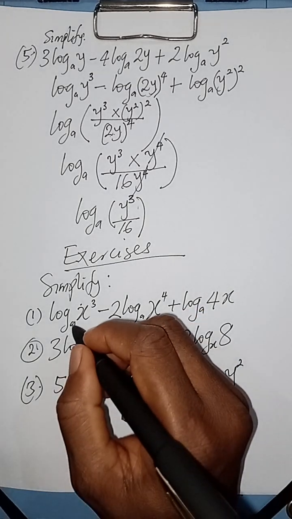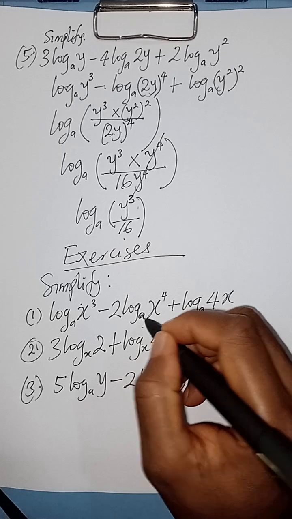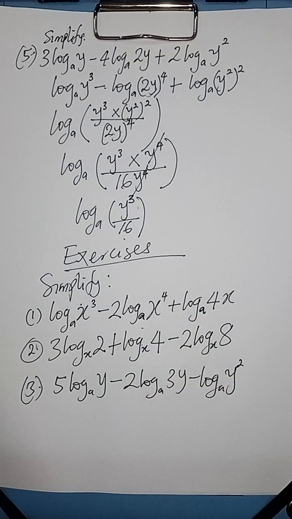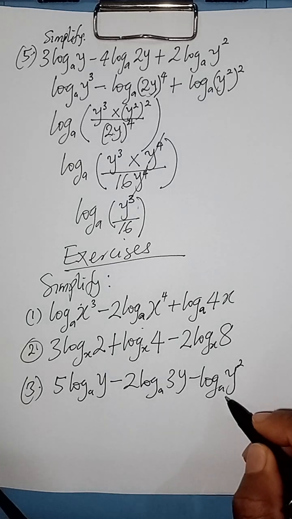Number 2: 3 log 2 plus log 4 minus 2 log 8, they are all in base x. Number 3: 5 log y minus 2 log 3y minus log y squared. They are all in base a.